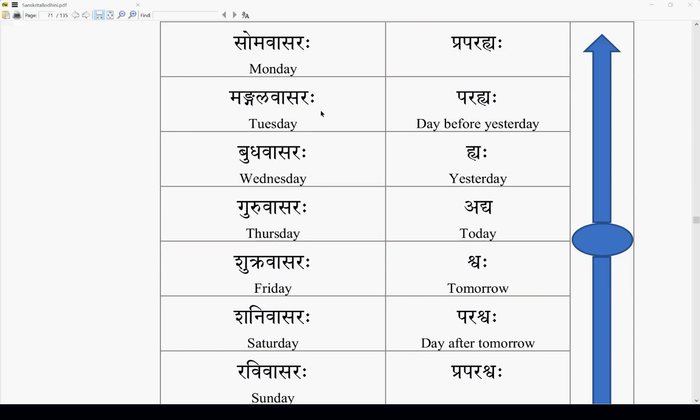So, for example, here Saptajivha. We saw in this round what Sapta is, right? Sapta is 7. And Jivha, I think you already know, is tongue.